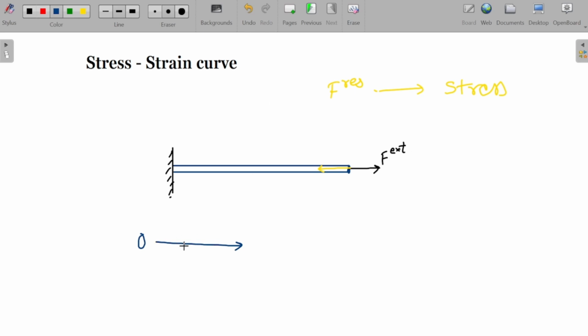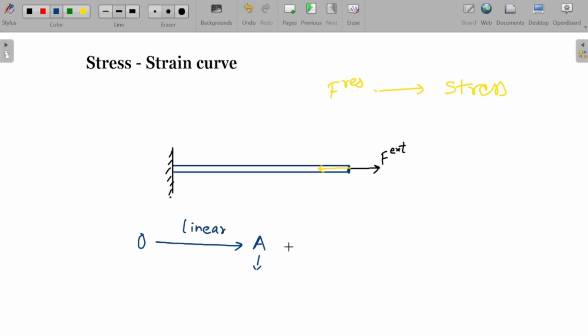Initially, when the stress increases up to a certain point, let's say point A, there will be an increase in strain also. So up to point A, stress and strain behave linearly, meaning there is a linear correspondence and Hooke's law is obeyed. Up to this limit there is linear dependence of stress and strain on each other.